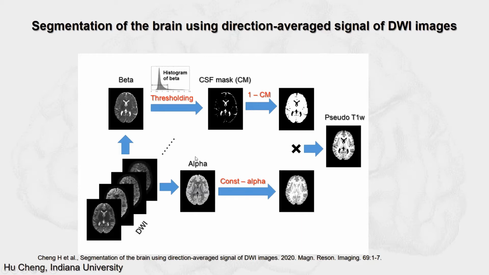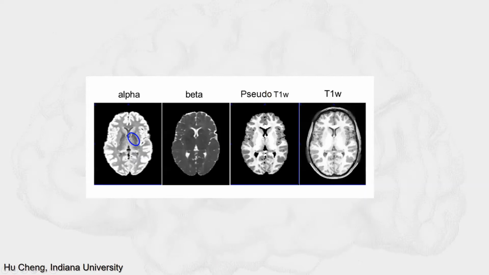On the other hand, we invert the contrast of the alpha map and multiply it by the gray matter and white matter mask to form a pseudo T1 weighted image. Then we can apply a standard segmentation algorithm to the pseudo T1 weighted image. This figure shows that the pseudo T1 weighted image is very similar to the T1 weighted image.